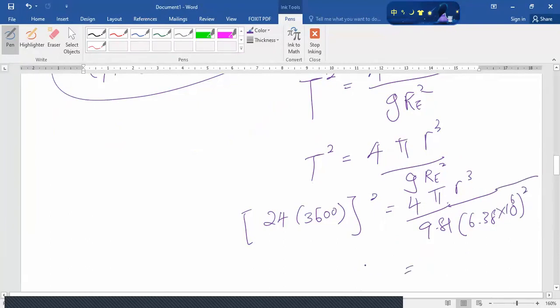So at the end, we still get R equal to 3.6 times 10 to the power of 7 meters. So this is the alternative method to get the answer.